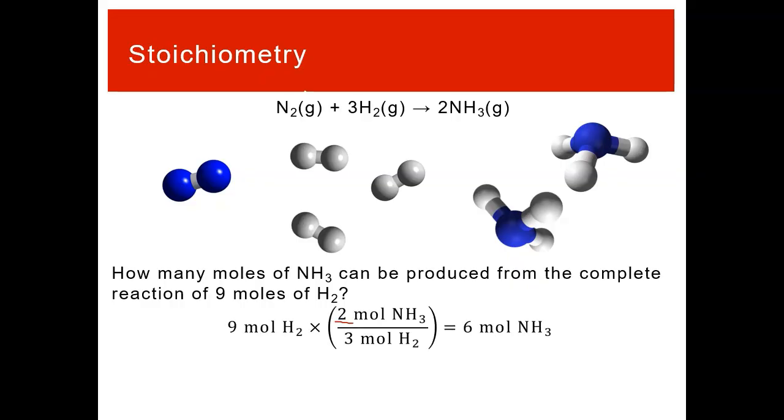It's 2 moles of NH3 comes from the 2 right there, and the 3 moles of H2 comes from the 3 right there. The one thing you'll note is we just have changed everywhere to moles, which is fine because it just needs to be a counting unit. As long as you're consistent in that you're counting by the same size group. Previously it was all molecules. Now we're just using moles.